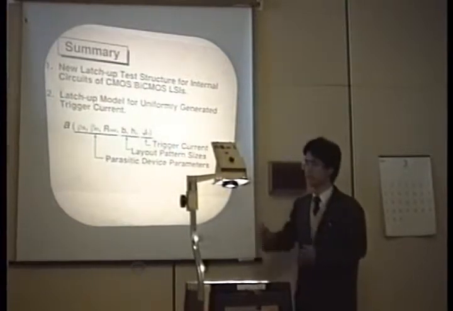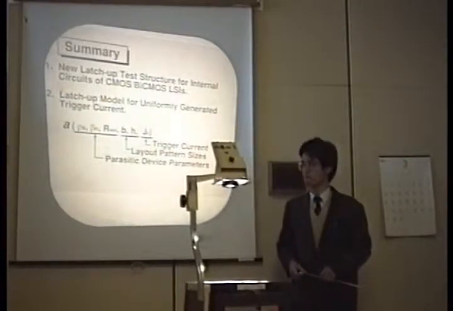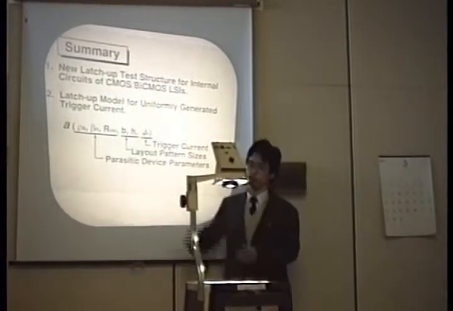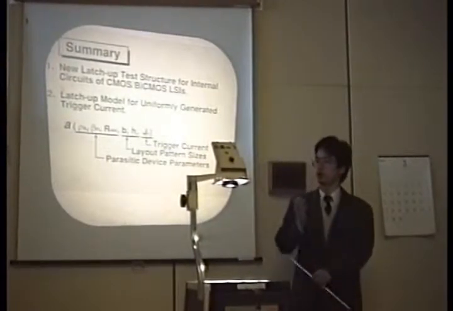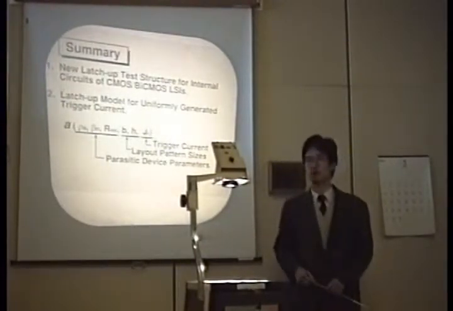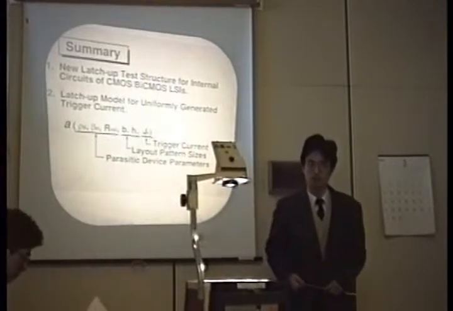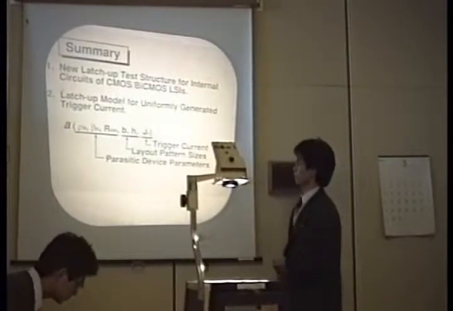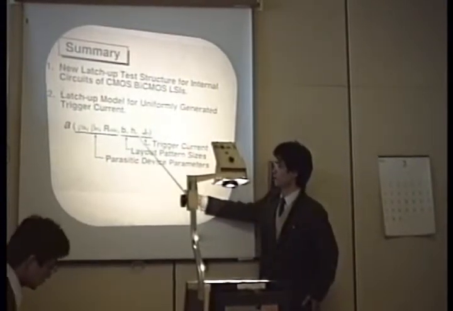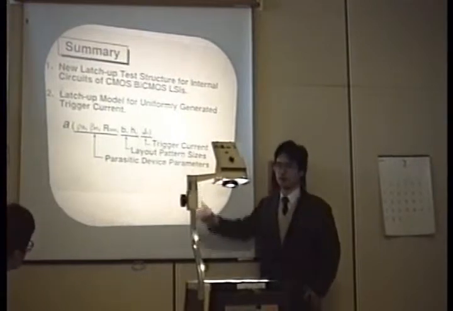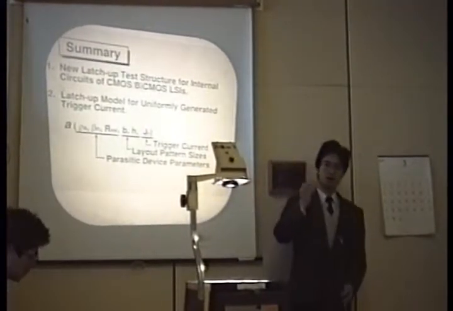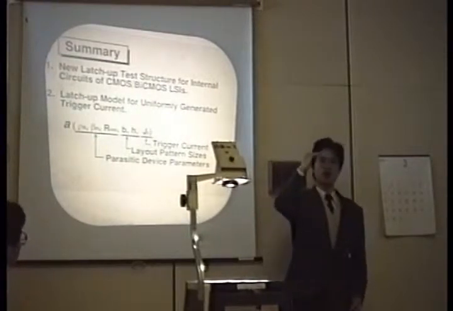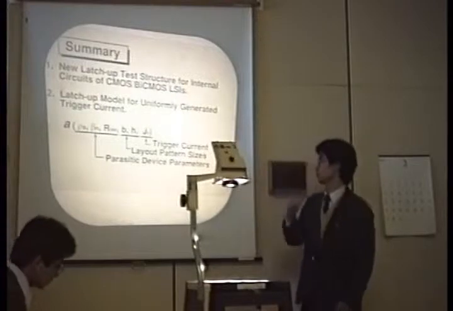For example, if this value is set to double, the radius A is reduced by about 20%, 30%. The next parameter is the size, the H parameter. This parameter is the distance from the real contact to the anywhere edge.